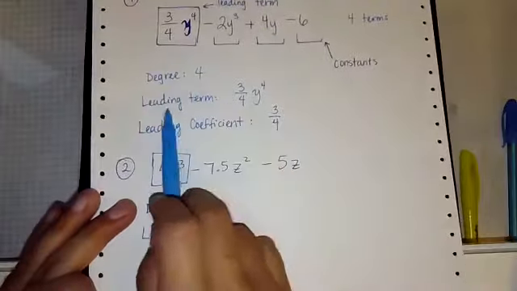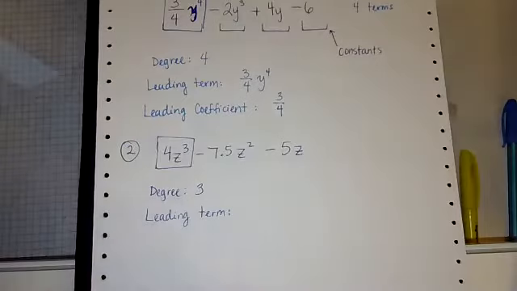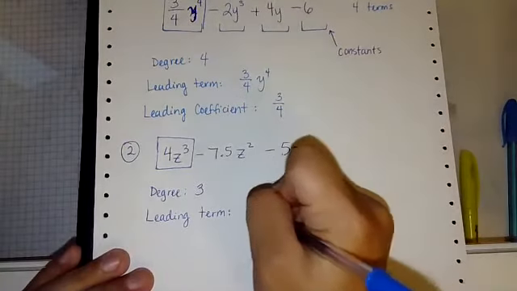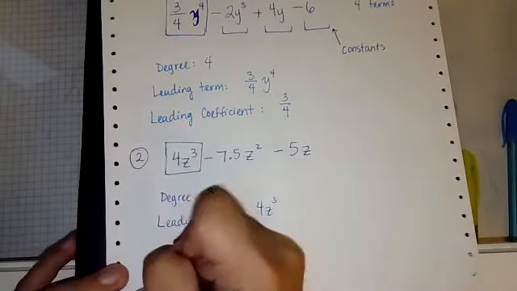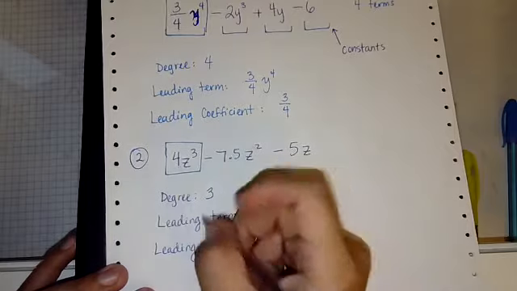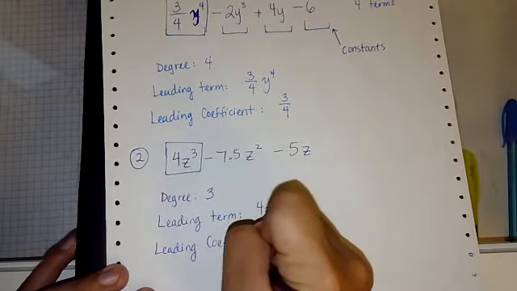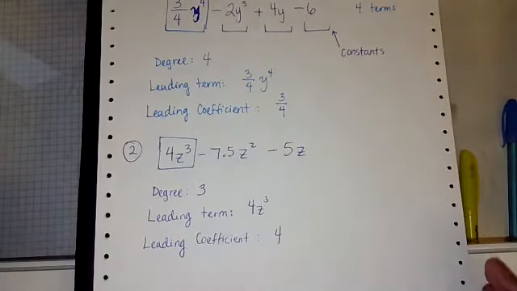But the leading term is the one with the highest exponent. So we're just going to say that 4z to the 3rd power is our leading term. And that must mean that the leading coefficient, the number in front of that term, is just 4. Does that make sense?